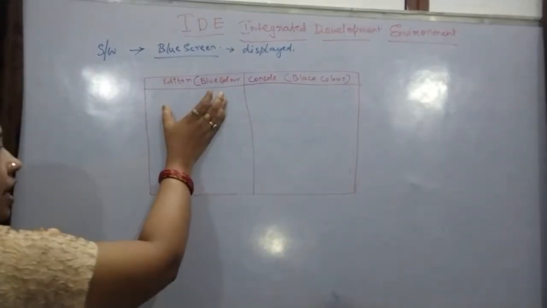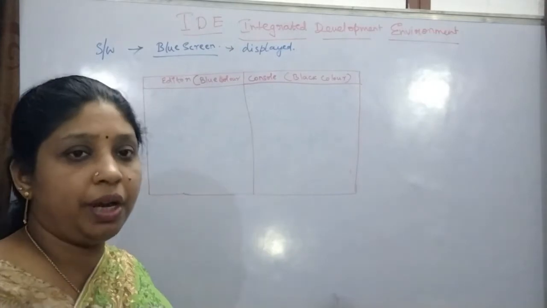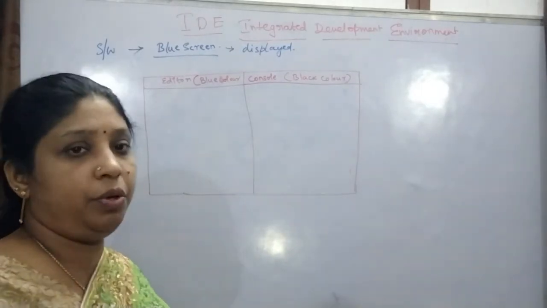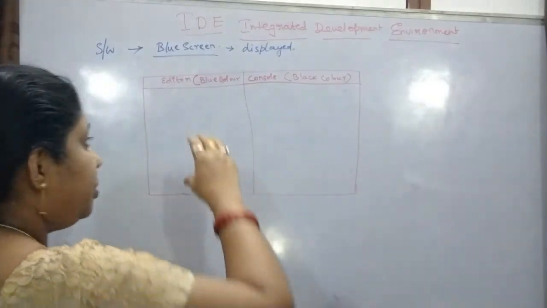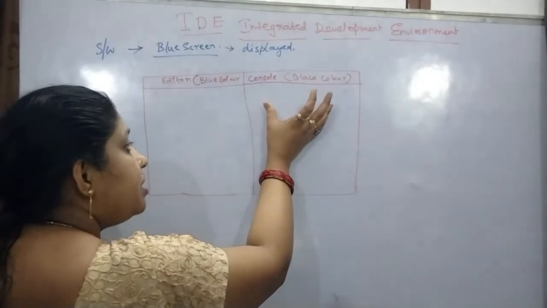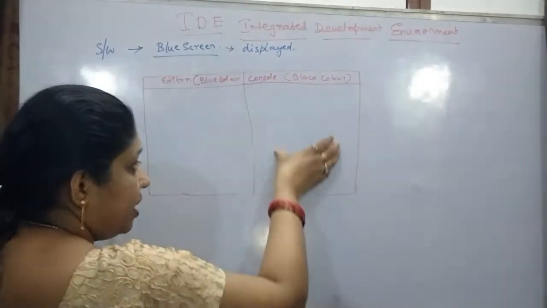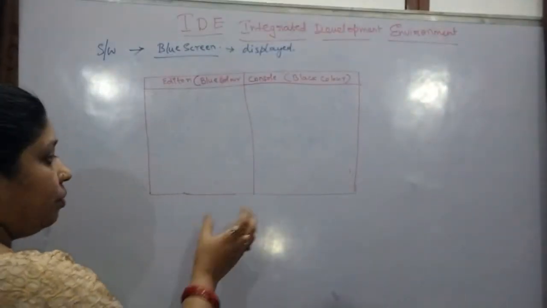That means this editor is used to write the program, save the program, compile the program, and run the program. After doing all these things, the output will be displayed in the console part.